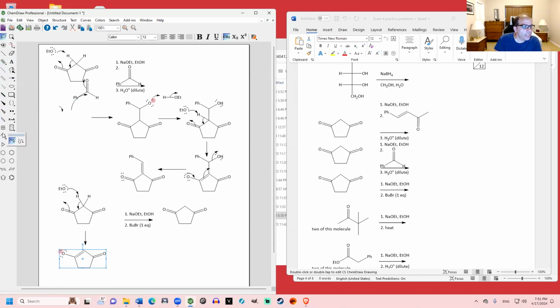And this then does an SN2 reaction on 1-bromobutane.